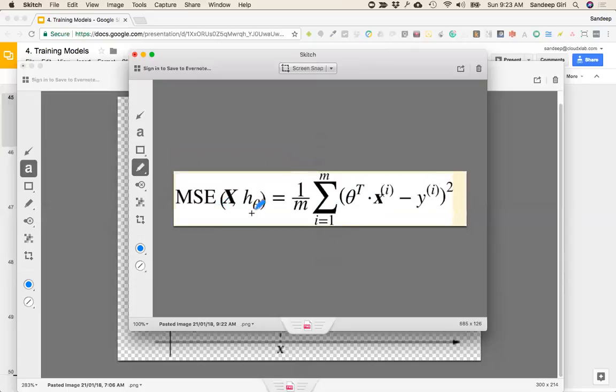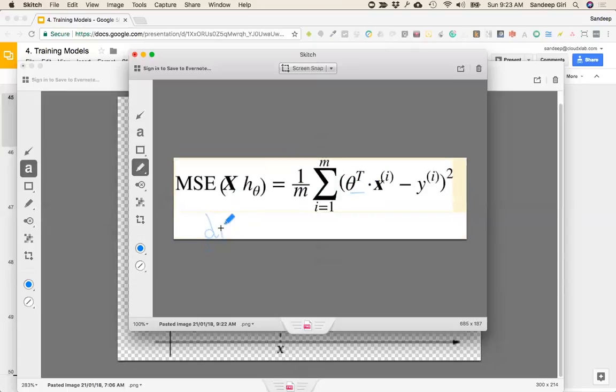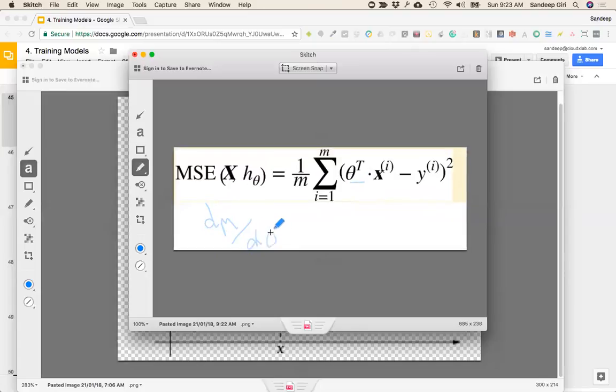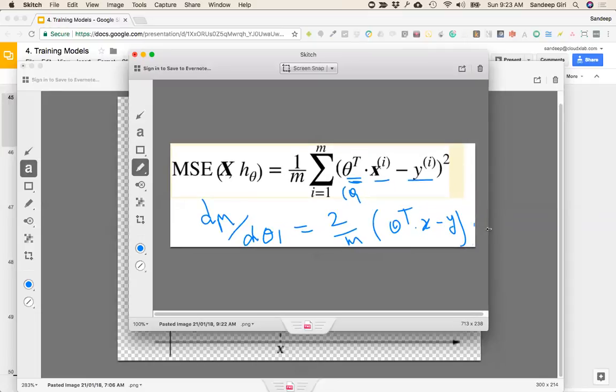So when we differentiate the MSE with respect to, say, theta 1, the 2 will come down, and this will convert into theta transpose x1 minus and so on. With respect to theta 1, this is a constant, and this is also a constant, and this value is not a constant, because this is nothing but theta 1 and theta 2 and so on. So it'll look like the 2 will come down, and it'll be theta transpose x minus y, multiplied by x. Why?